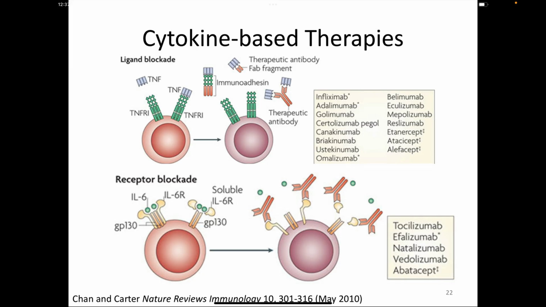You may have heard the two particularly big ones. Tocilizumab was used during COVID to block IL-6 when people had too much IL-6 and too much inflammation. You may have heard of Enbrel, or, I don't know why I can't think of the name.